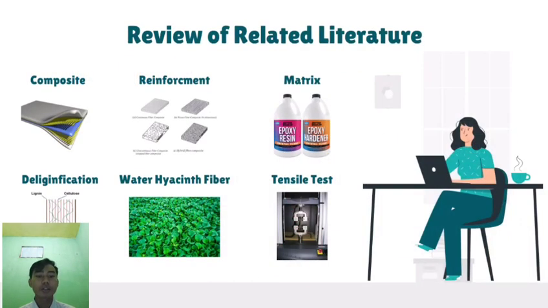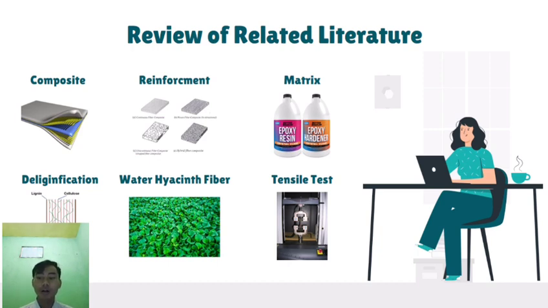Chapter 2. Review of related literature. Composite. Composite is a material composed of two or more main materials where the properties of each material differ from each other, in order to obtain better mechanical properties. Composites have better mechanical properties than metal, with higher Young's modulus and strength relative to density. Composites are made from two different types of material, namely reinforcement and matrix.